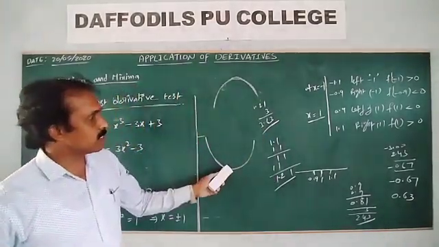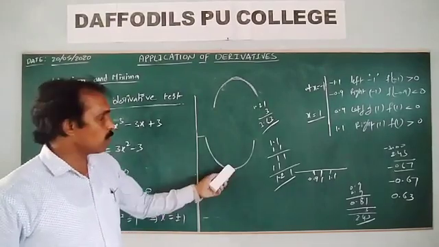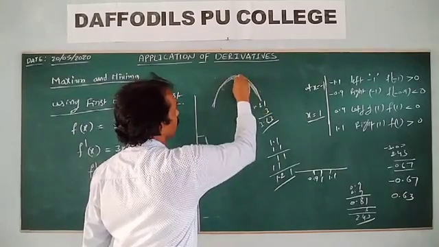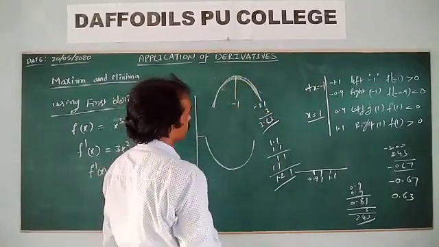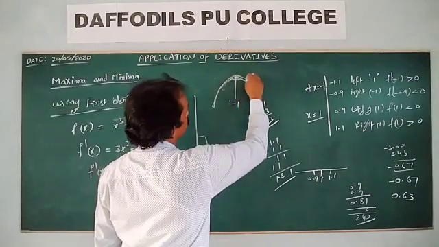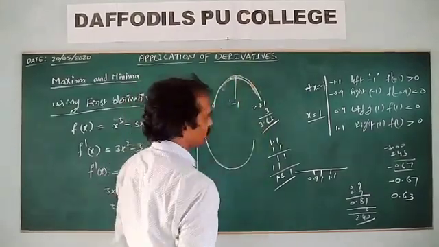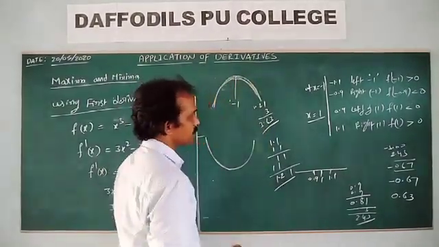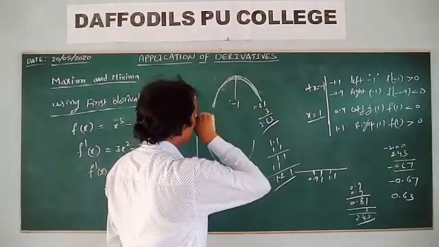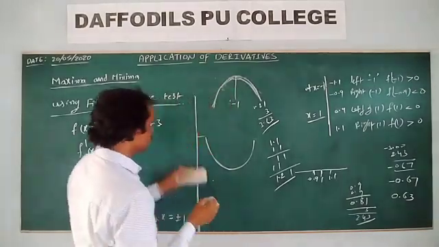So then this is at 1 a local minimum, at minus 1 a local maximum value. Okay, clear? So that implies this value is approximately 0.63. So therefore increasing means previous problem is expanded.